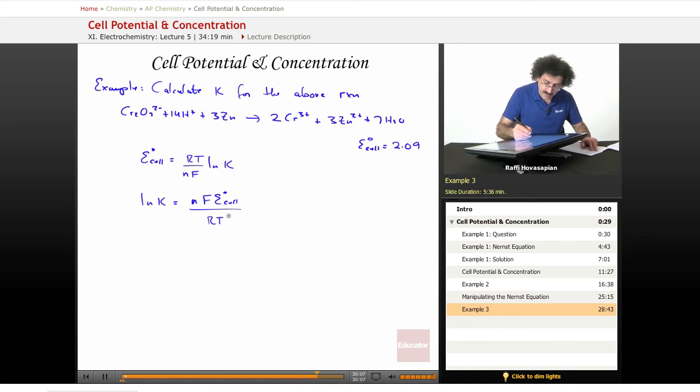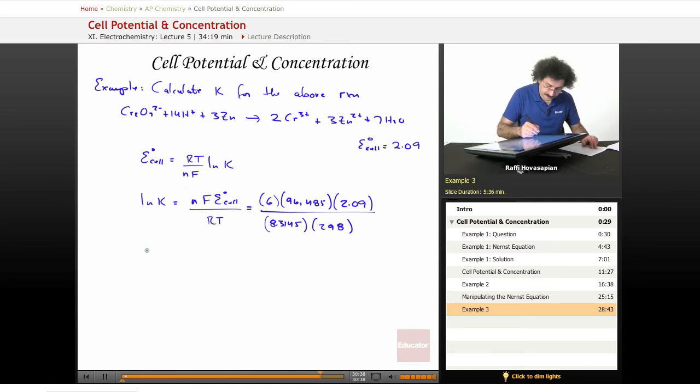Okay, that's equal to 6 moles of electrons transferred, times 96,485 coulombs per mole, times 2.09 joules per coulomb, over 8.3145 times 298 Kelvin.